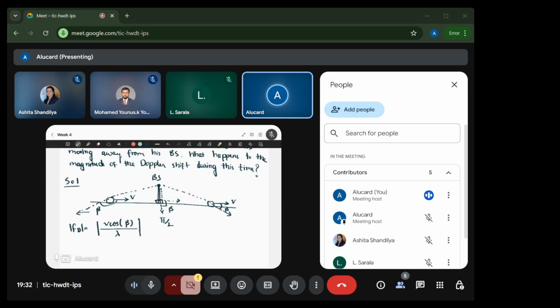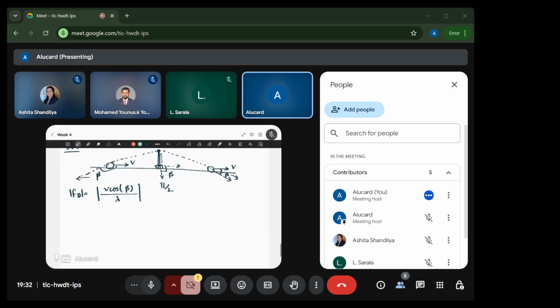Then once he crosses the base station and moves away, the angle is less than 90 degrees, and the further he moves away, the lesser the angle becomes. In the limit that he is infinitely far away, the angle is zero. So you could say beta goes from pi to pi over 2 to 0.